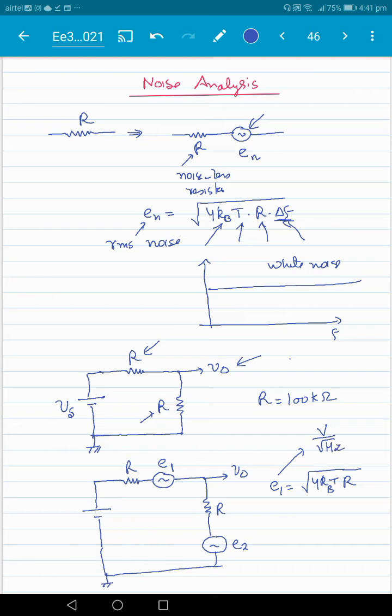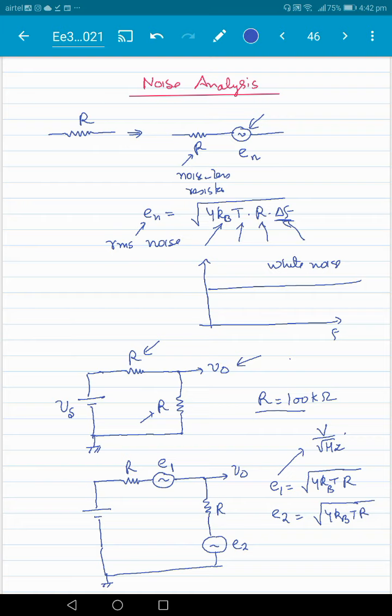It's understood that to find the full noise in volts, we have to multiply by the square root of the bandwidth of the system. So E1 is the square root of 4 kB T R, and E2 is also the square root of 4 kB T R. Both of these values are there. As an example, we have taken R equal to 100 kilo ohms, and we can calculate the noise by putting in the value of the Boltzmann constant and room temperature.